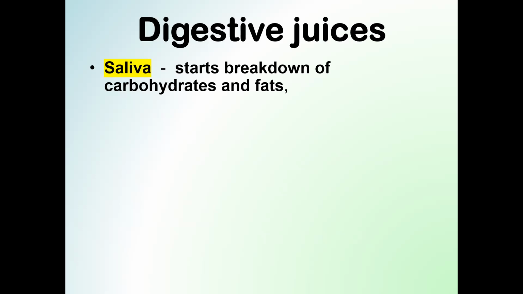If your mouth is totally dry, you can't swallow. The food will not go anywhere. And it also starts to break down. Saliva's got an enzyme called ptyalin, and it starts to break down the carbohydrates into smaller molecules, and the fats start getting broken down.